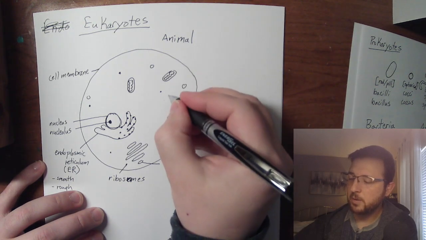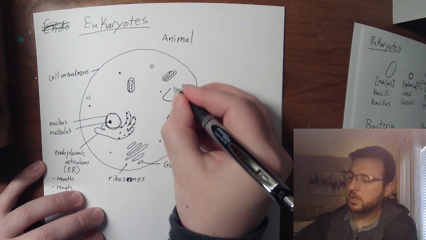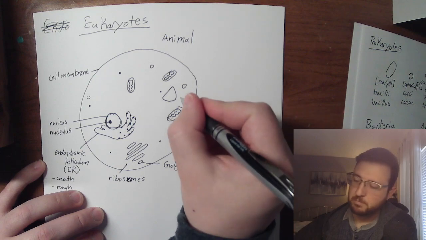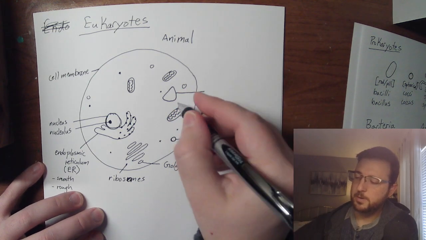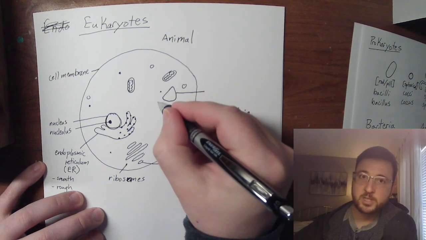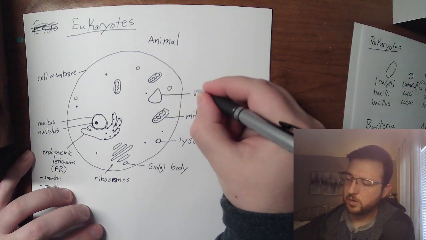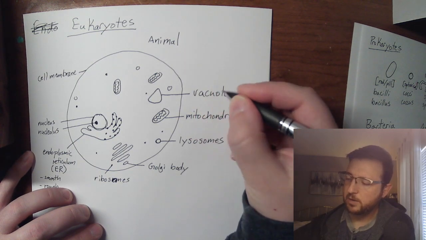Now we've got one more thing I want us to draw, and a lot of people get this one wrong, and they say that plant cells only have these and not animal cells, but it's not true. We have an area inside of our cells that we can use to store things called the vacuole. Vacuole.